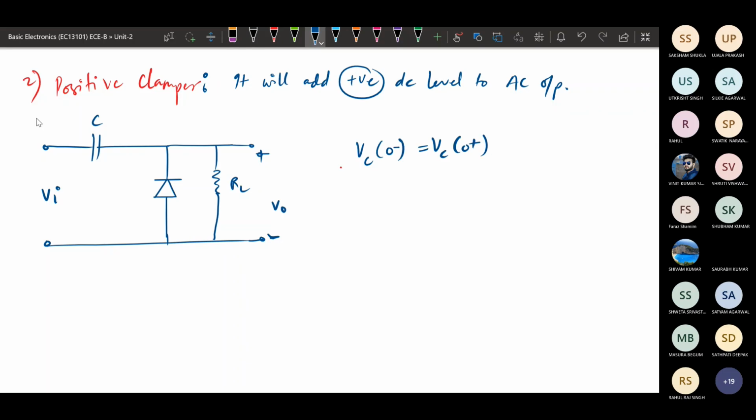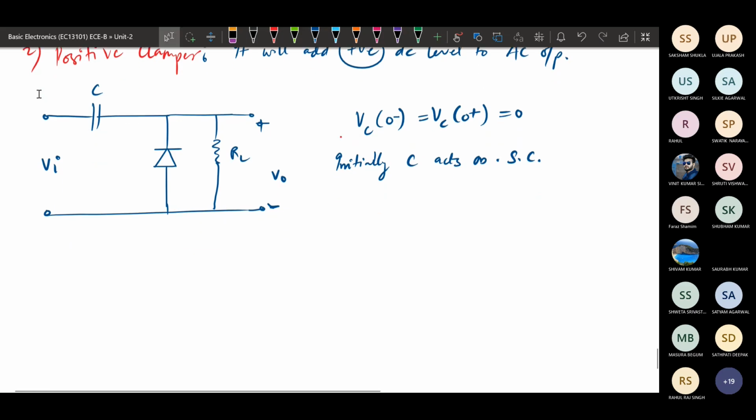For time t, just below 0 time and just above 0 time, the capacitor voltage is considered to be 0 volt. That means initially the capacitor acts as a short circuit. So the voltage across it is 0, and it behaves like a short circuit.